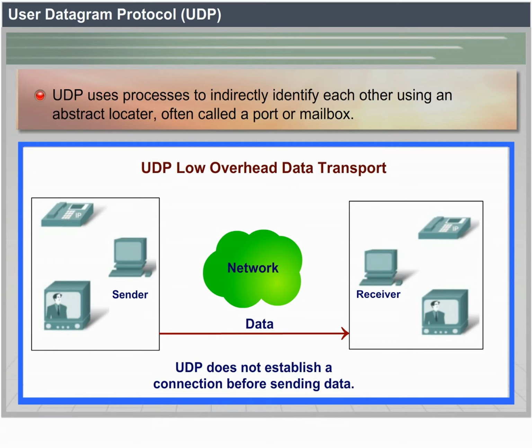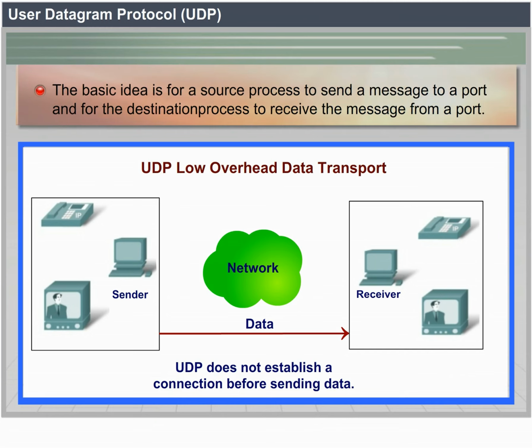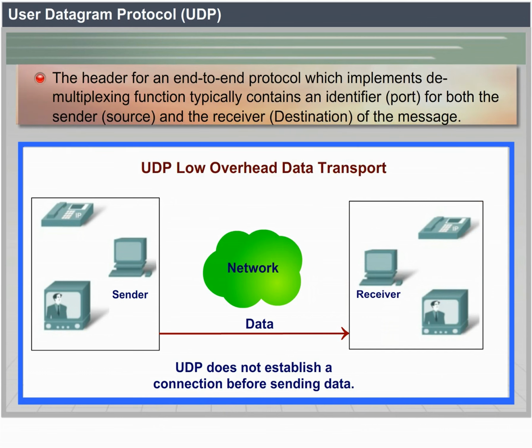The basic idea is for a source process to send a message to a port and for the destination process to receive the message from a port. The header for an end-to-end protocol that implements this demultiplexing function typically contains an identifier port for both the sender (source) and the receiver (destination) of the message.